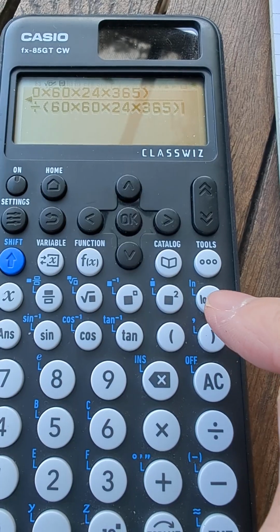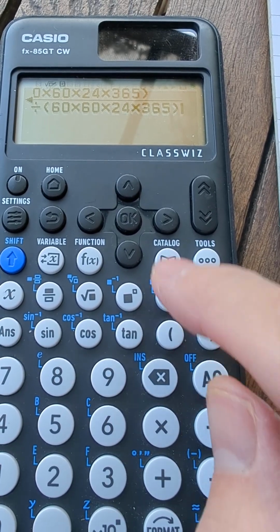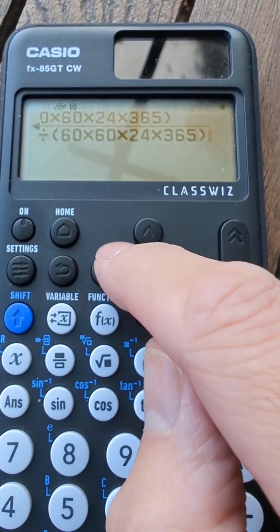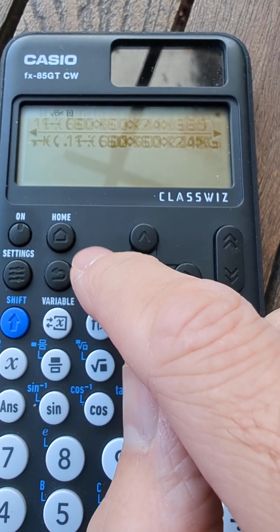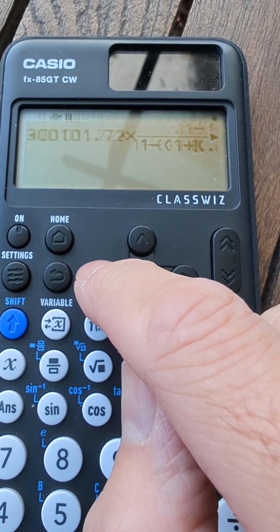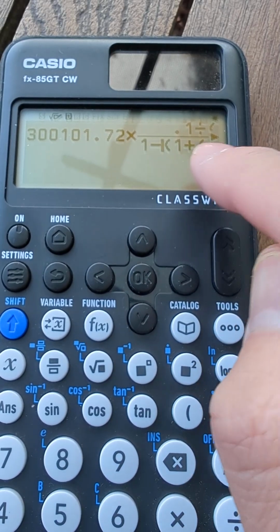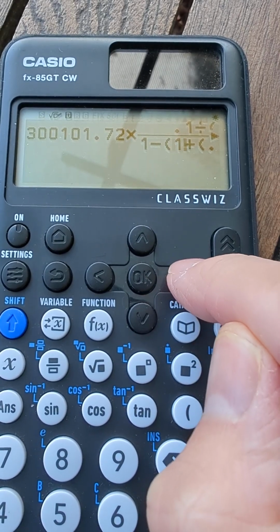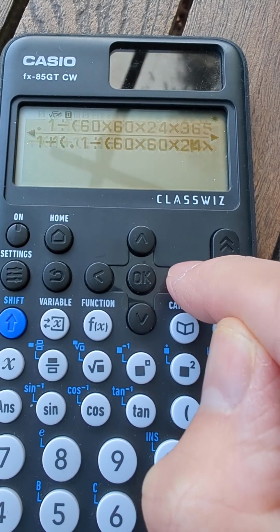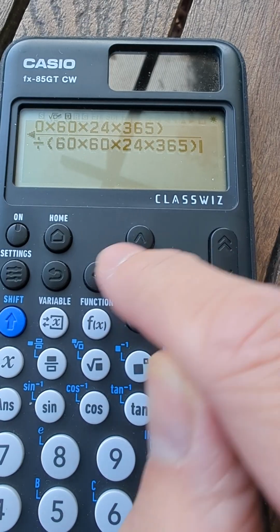Right, now 1 plus the interest rate needs to be to the power of minus n. So actually, it's quite hard to tell from this point how many brackets after I need to put the power. So it needs to be everything up to here, so everything within this bracket onwards. So it's 1, 2, 3. So we need 3 after that.